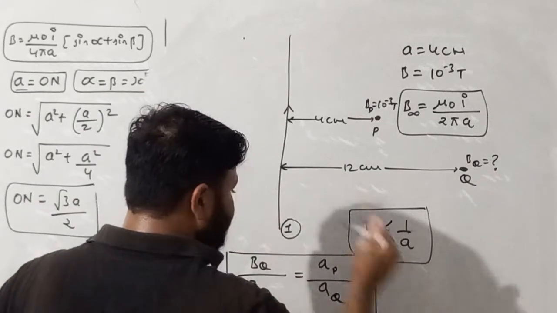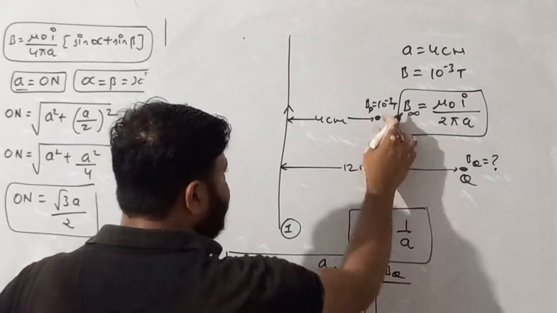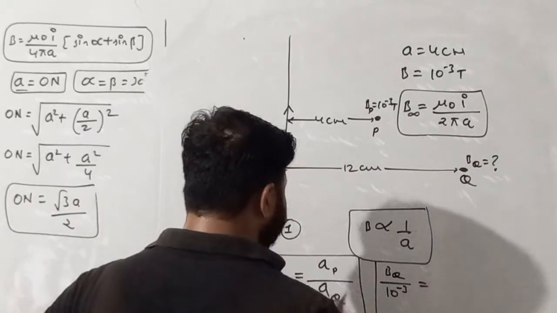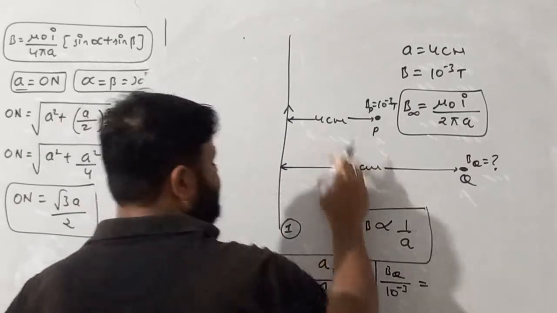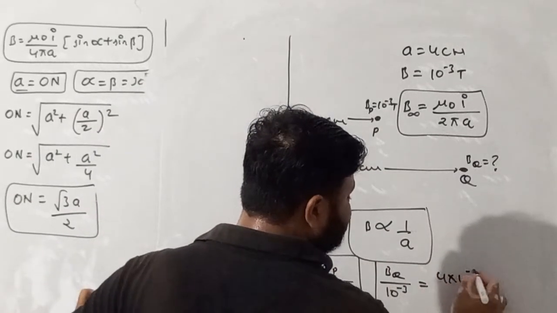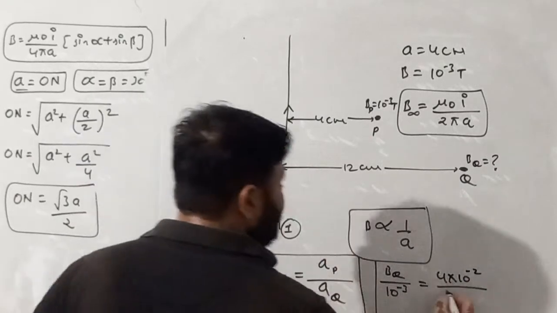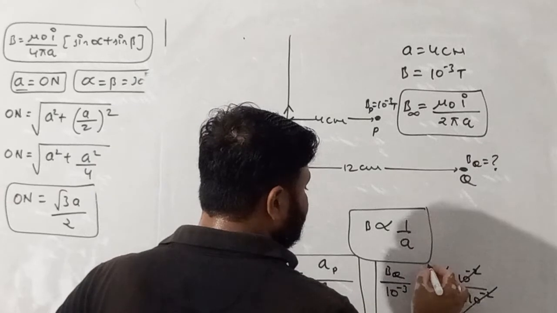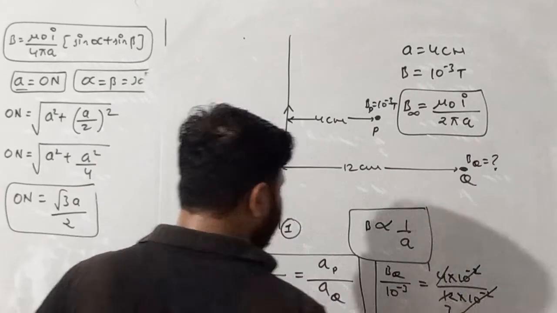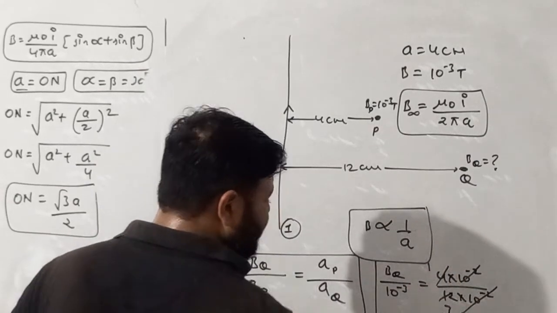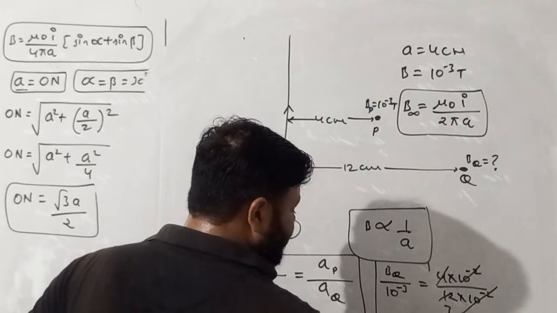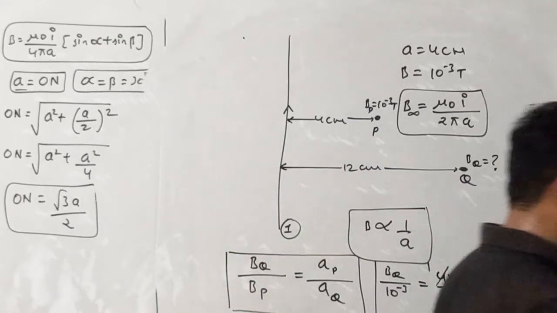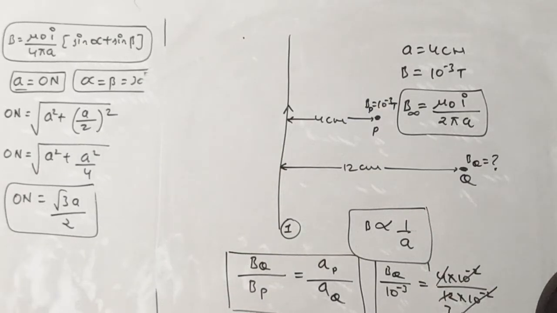So magnetic field at Q divided by magnetic field at P, which is given as 10 raised power minus 3, is equals to distance of P, which is 4 centimeters, so 4 into 10 raised power minus 2 divided by 12 into 10 raised power minus 2. So this will be cancelled. 4 3s are 12. So magnetic field at point Q is equals to 10 raised power minus 3 divided by 3. So after solving this, my dear student, please get the answer.